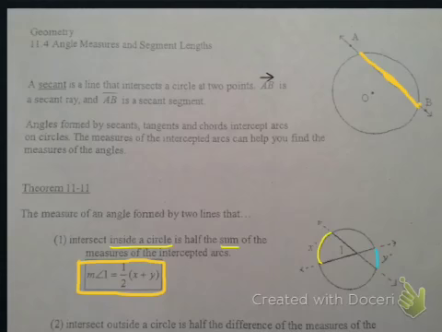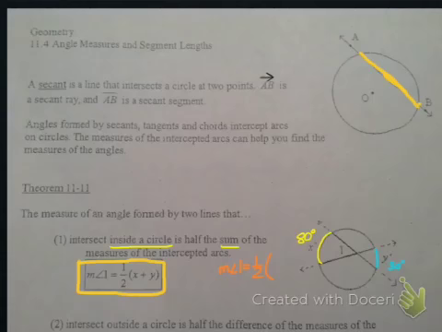So let's give us some numbers. Let's say that arc X is 80 degrees, and let's say that arc Y is 30 degrees. And we want to find the measure of angle 1. Using our formula, the measure of angle 1 is 1/2 the sum of these two.